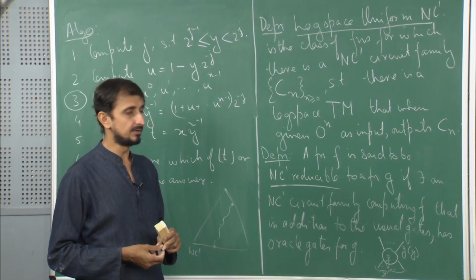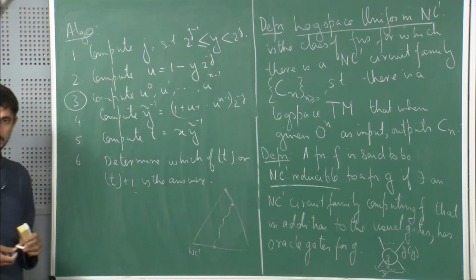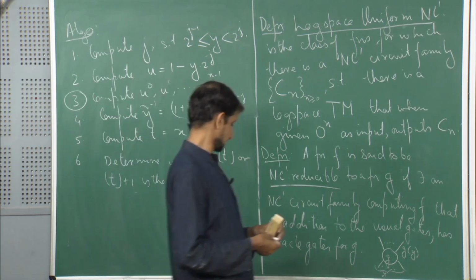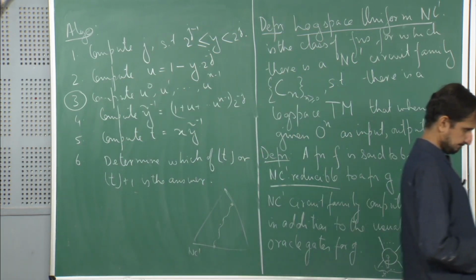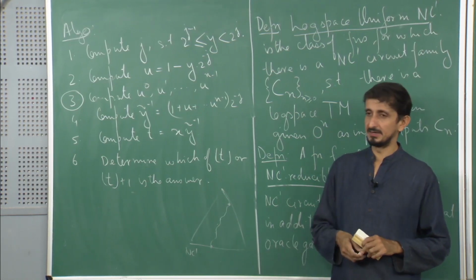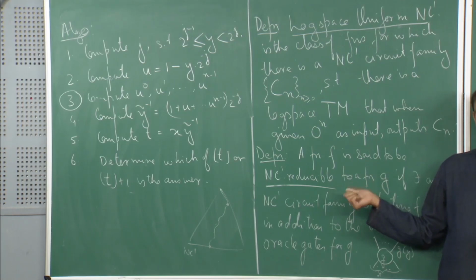N square bits. Yeah, it outputs n square bits. I'll try to come back to this question later on. This is an interesting question. It is actually a question about general NC1 reducibility.